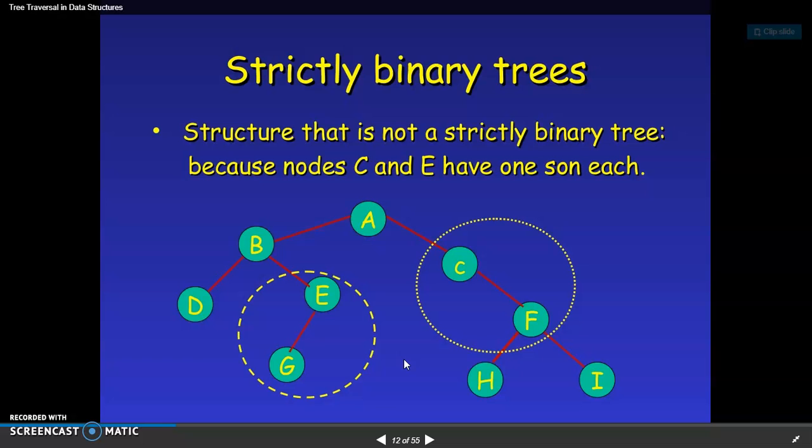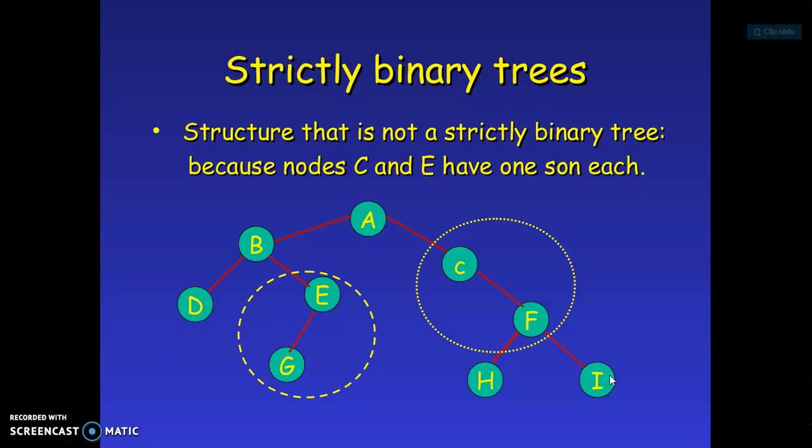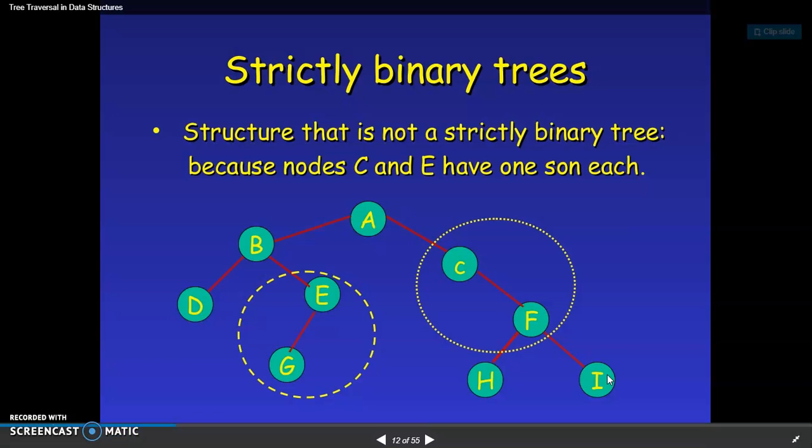You can also find this out with the formula. Here 4 leaf nodes are there, D, G, H, I. So 2n minus 1, 2 into 4, 8 minus 1, 7. There should be 7 total nodes, but here we have 1, 2, 3, 4, 5, 6, 7, 8, 9. 9 nodes are there, but we should have only 7 nodes.